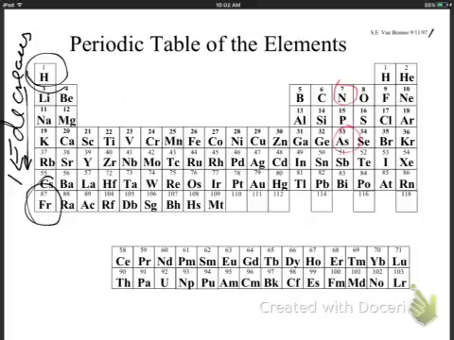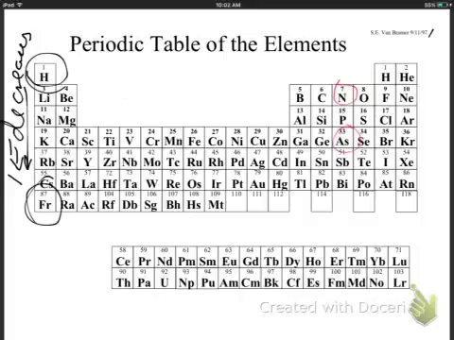Which one has lower ionization energy? Arsenic would have lower ionization energy. It takes less energy to pull an electron off of arsenic than it does off of nitrogen.